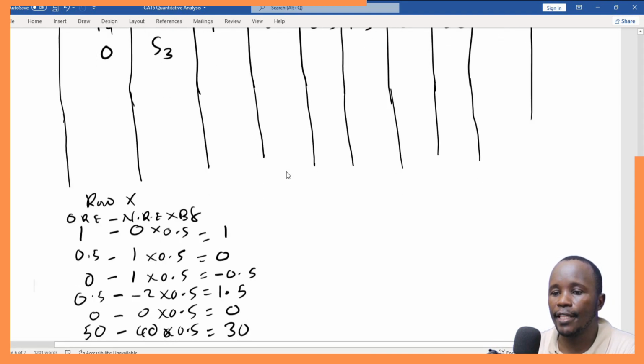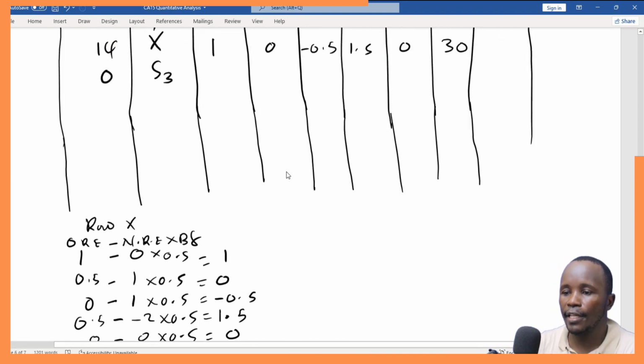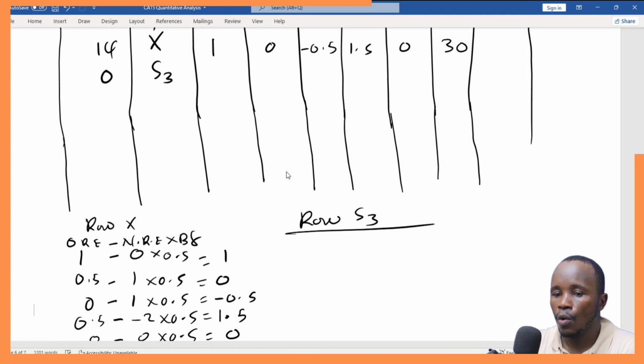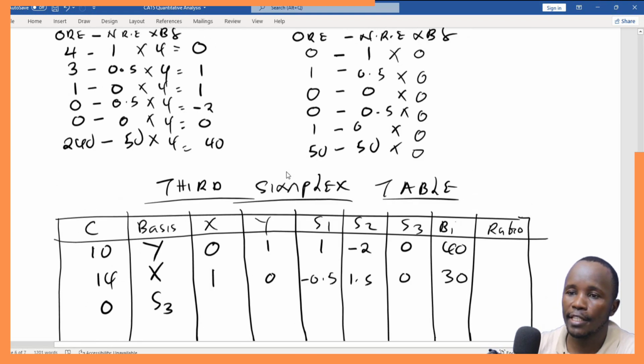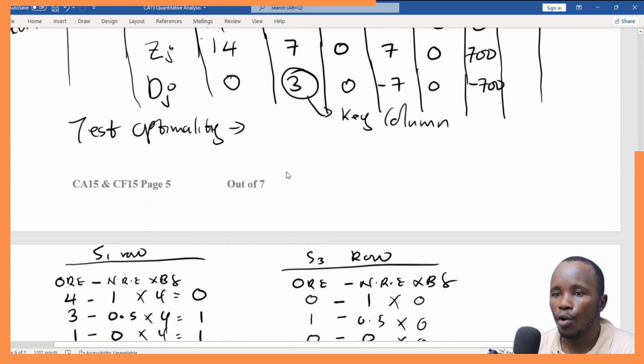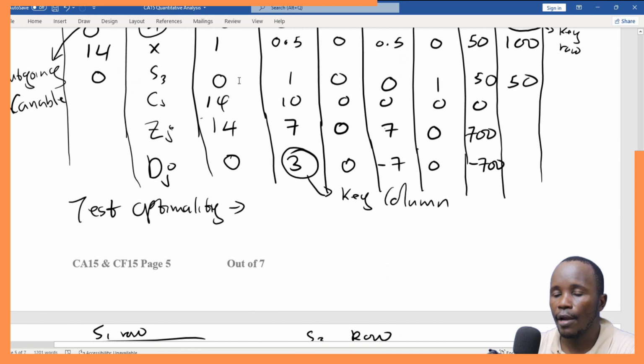We move to S3. S3 will still require some mathematics here. Row S3. We need to look at old row elements of S3 first. Let's go to the second simplex table and look at old row elements. Here we have 0, 1, 0.